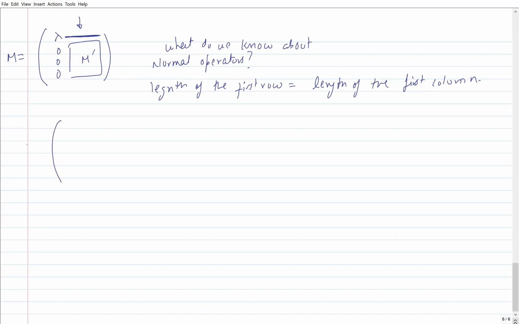So, in other words, if I had this guy as the first column, then all these guys better be 0. And I have a smaller matrix to work with. So I have broken down M into the first row, first column, where this guy was my eigenvector, and I'm reduced to this M prime now.